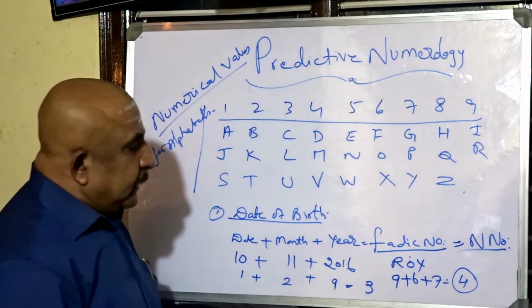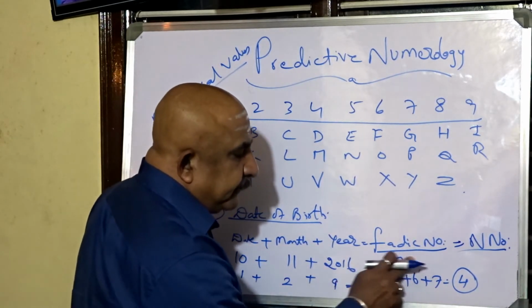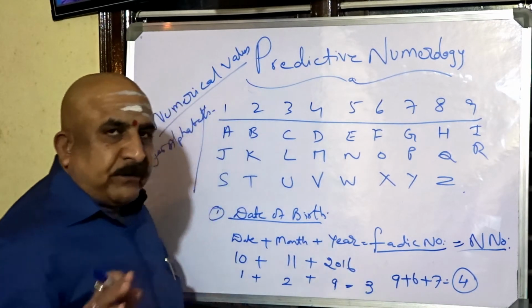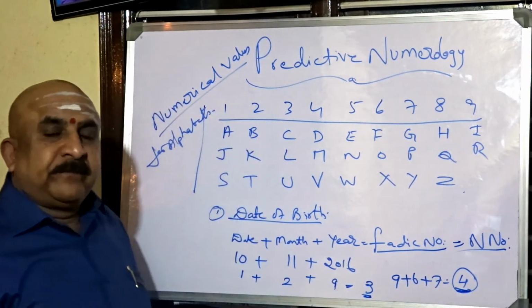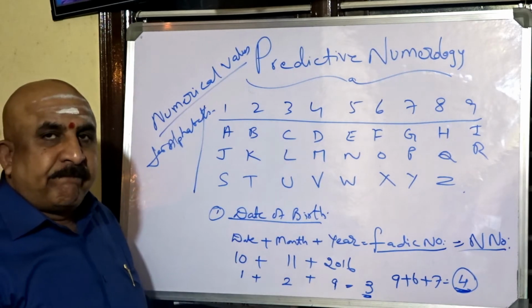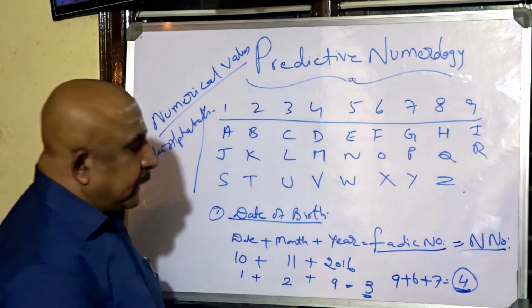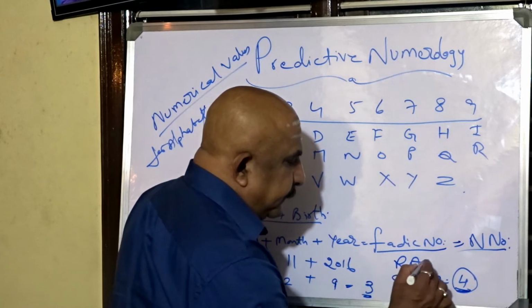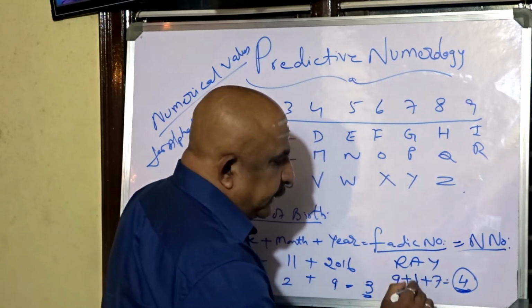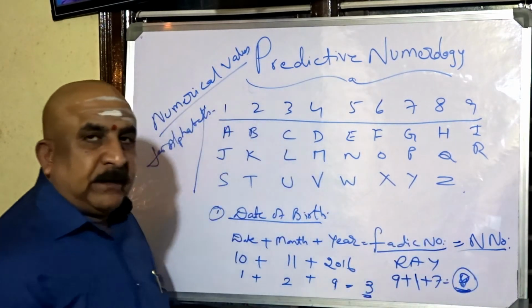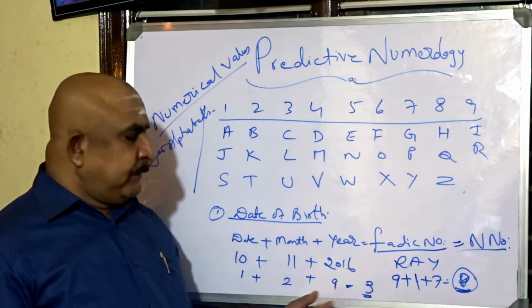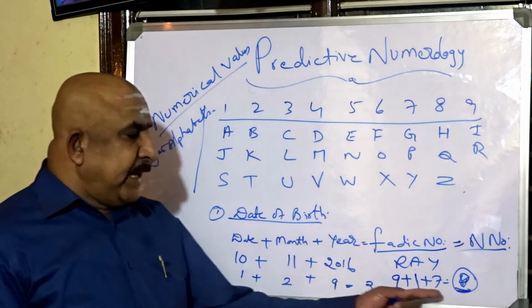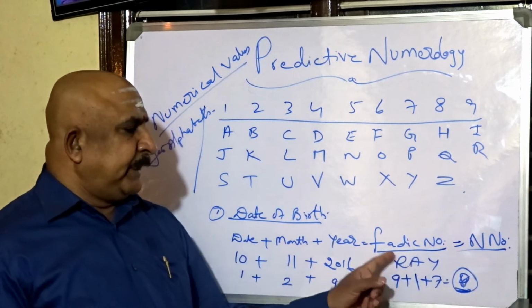So you have to change the name. You have to see that this 4 is reduced to 3. Clear? You cannot put Ray. This will become 8. So you have to select letters, or select a name, to make that name number equal to the Vedic number.